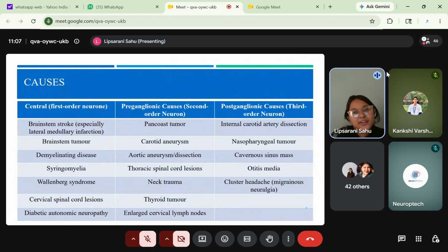Second order neuron causes include Pancoast tumor, carotid aneurysm, aortic aneurysm, dissection, thoracic spinal cord lesion, neck trauma, and thyroid tumor. Third order neuron causes include internal carotid artery dissection, nasopharyngeal tumor, cavernous sinus mass, otitis media, cluster headache, etc.